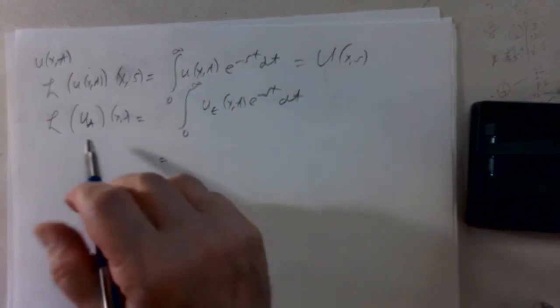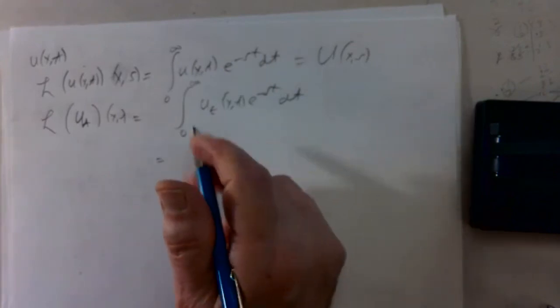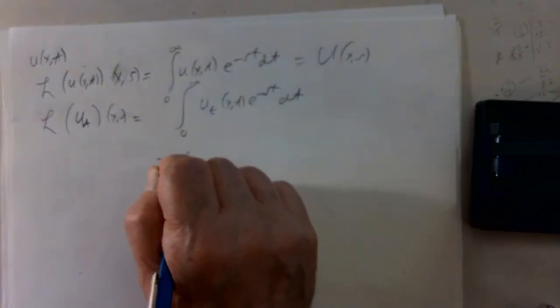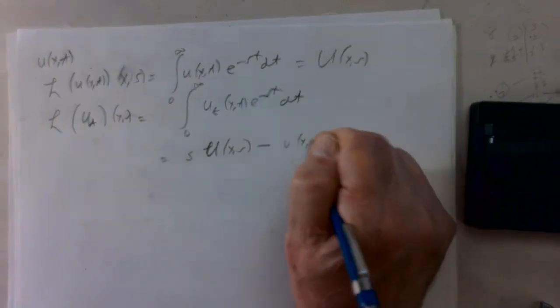Well, that's just our formula before for the Laplace transform of the derivative. That's s times U of x, s, minus the value at 0, t equals 0.